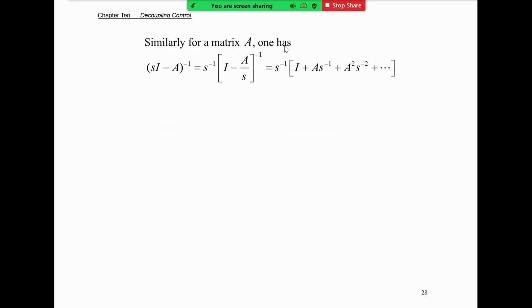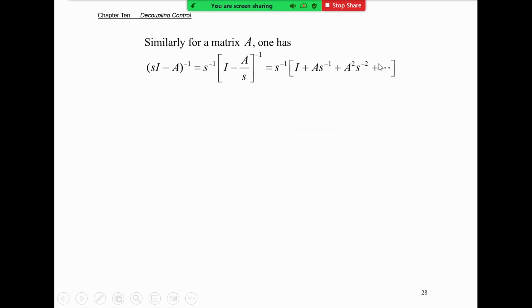In the same way, if X is a matrix, I take out the S inverse. So inside this bracket is just an identity matrix minus A over S. This is just like 1 minus X. So in a similar fashion, I can express this in terms of a polynomial of S inverse.